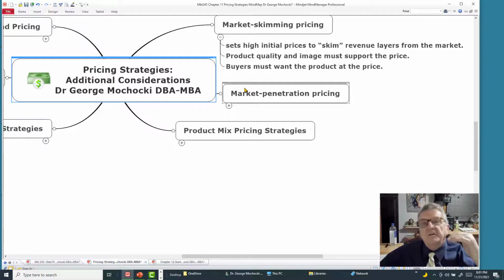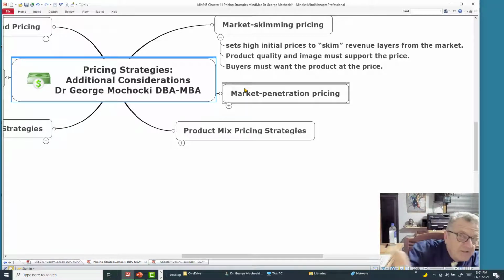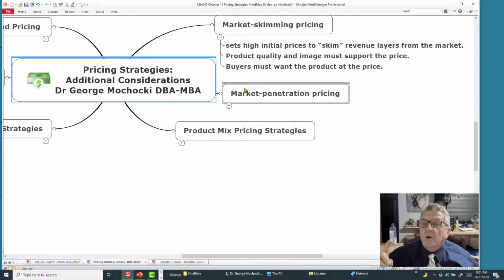So it's trying to do a major sweep, because if the price is right, then people are going to try it. The product quality and image must support the price. Remember, if you have a higher price, you better make sure the product sells itself, because people can see the price of the product or service.